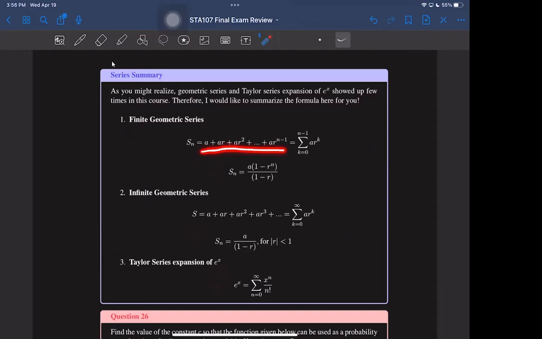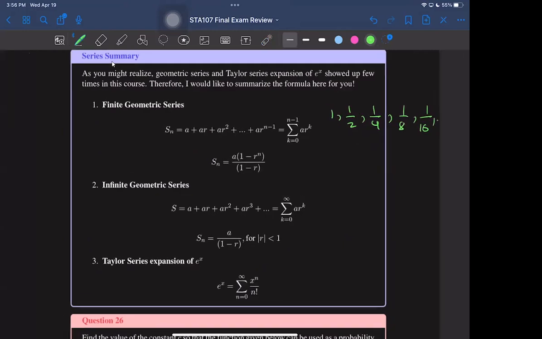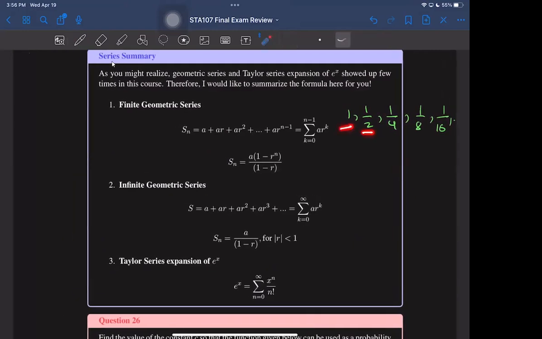So this is when you have a geometric series. Geometric series is where the ratio between each term and its previous term is the same. For example, like 1 over 2, 1 over 4, 1 over 8, 1 over 16, something like that. So here, each term keeps being multiplied by 1 over 2.